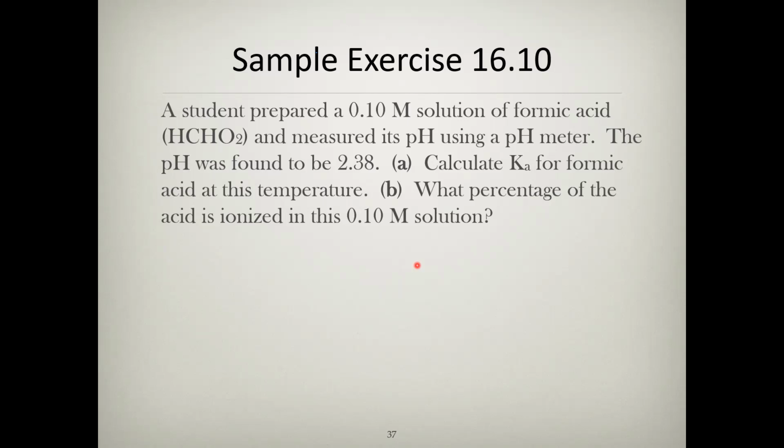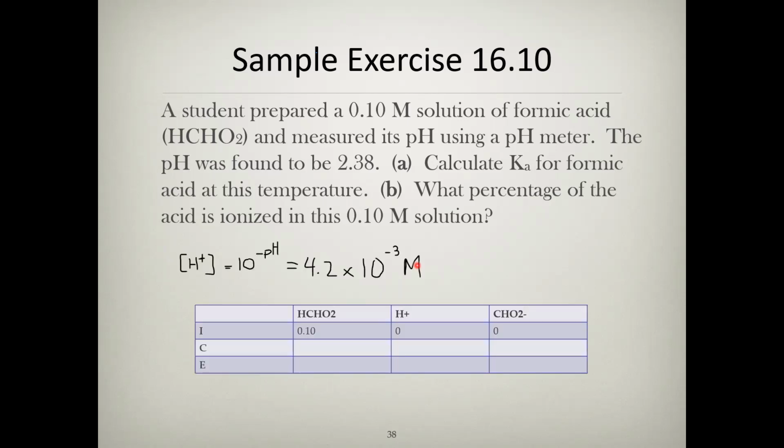So with the pH, what we can do is use that to figure out the hydrogen ion concentration. So we can do 10 to the negative 2.38. And what we're going to see is we've got a hydrogen ion concentration of 4.2 times 10 to the negative third molar. So we can use an ICE table here. Initially, we'll have 0.1 of the HCHO2, and then none of the ions.